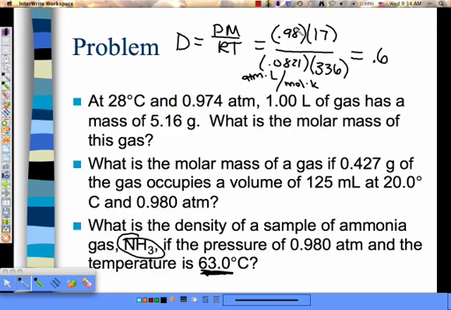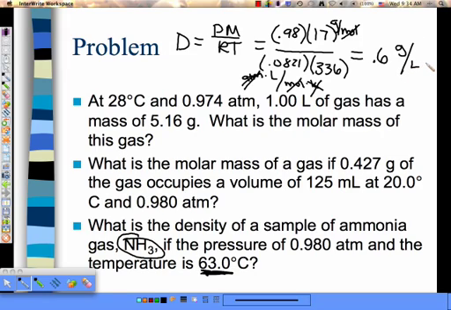Our pressure is in ATM, so that cancels out right here. This here is Kelvin, so that cancels this out. And then our units here are grams per mole, so those cancel out, so we're left with liters and grams. Grams is on top, liters on bottom, so it's grams per liter.